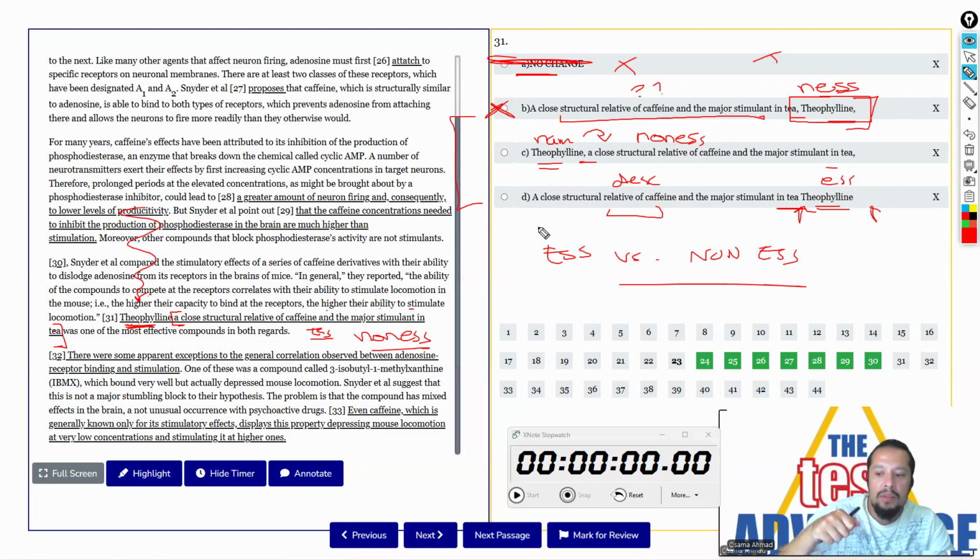Answer C, the focus and emphasis is on theophylline itself. The focus of the sentence is theophylline. Answer D, the focus is a close structural relative, not theophylline. So answer D shifts the focus from the name to the description. So answer D is incorrect. My answer is C here.